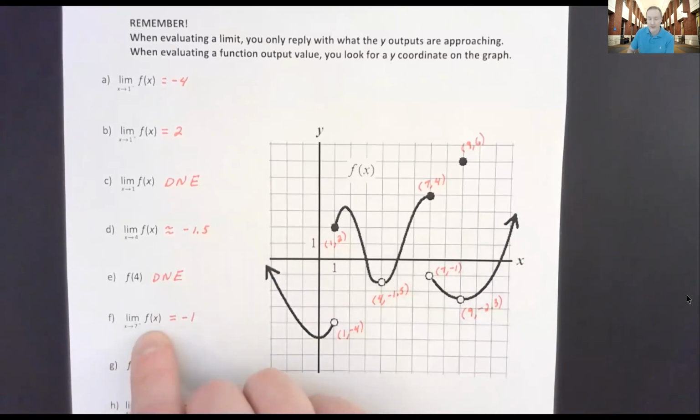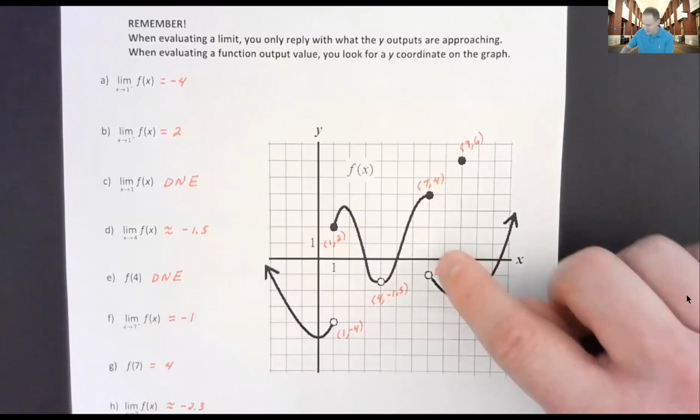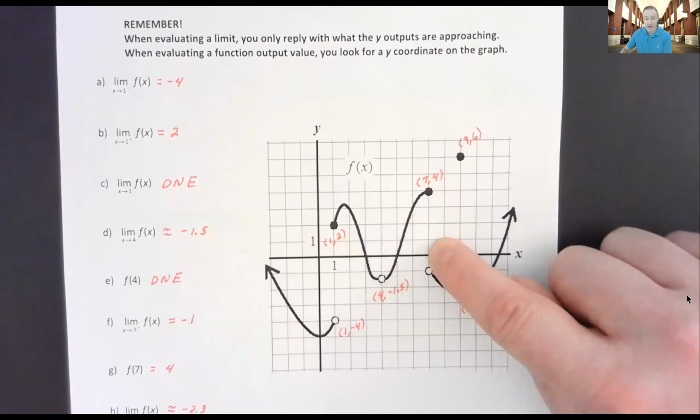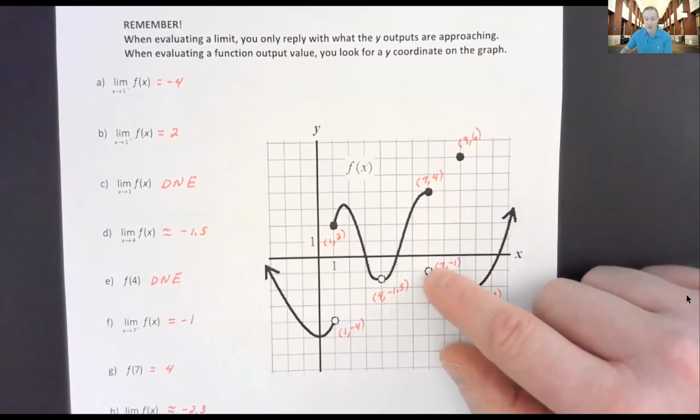What about the limit as x approaches 7, and this is from the right? So you'd say, well, all right, if I'm approaching 7, right here, 7, this was 4, 5, 6, 7. As I'm approaching 7 from the right, my y value is going up to -1 here.